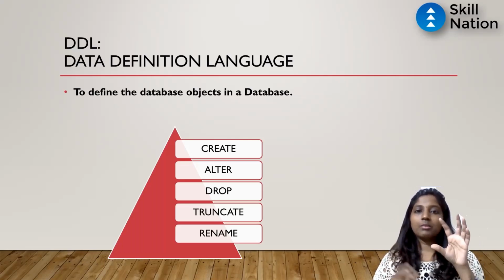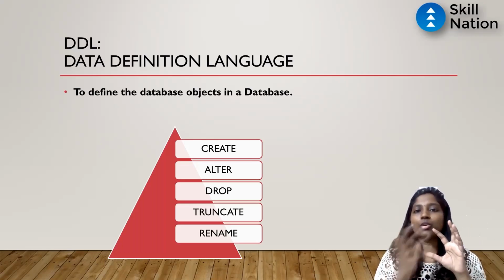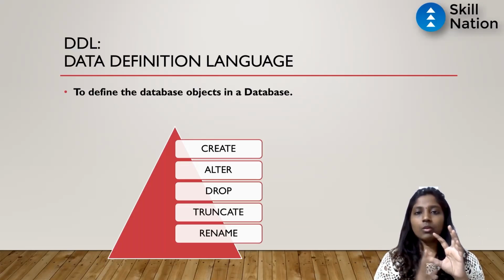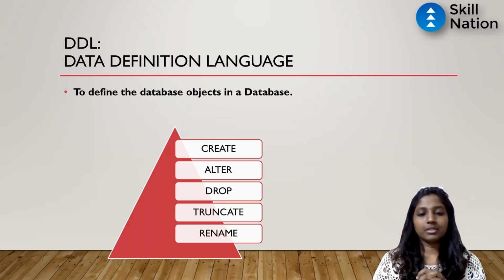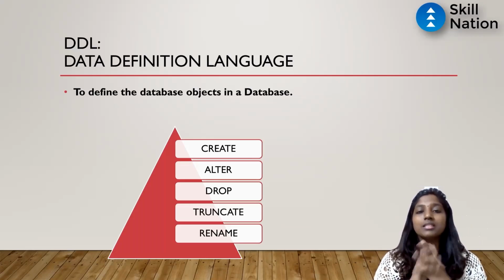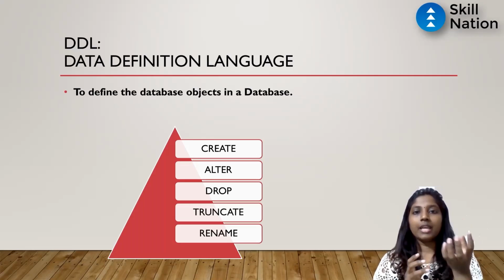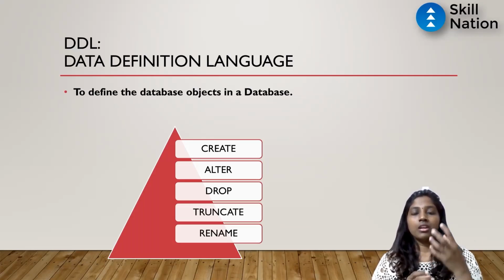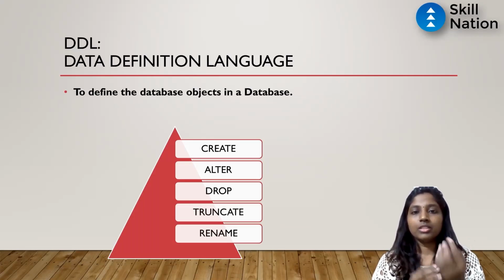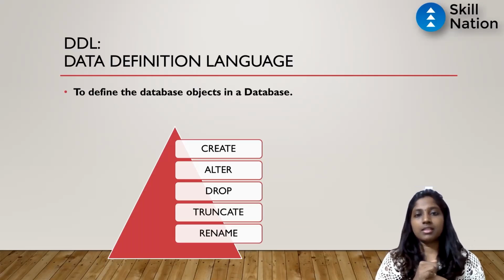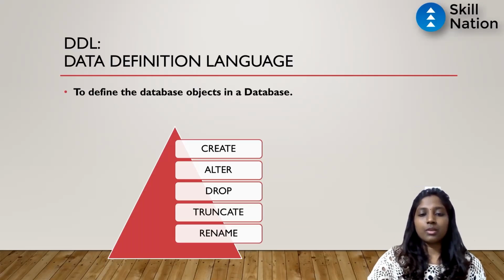Inside a table, I don't want any of it, I just want to empty it. So you use the truncate table statement. And the last one is rename. If you want to rename a table or a view or a procedure, whatever database object, then you use the rename statement.